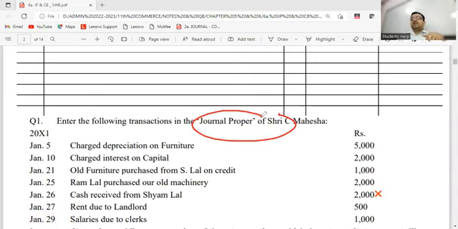Those which do not comprise cash and goods. This is a big Brahmastra, but there is an exception to it also. What is that? I'll let you know. First prepare the journal. Chaliye chalo.